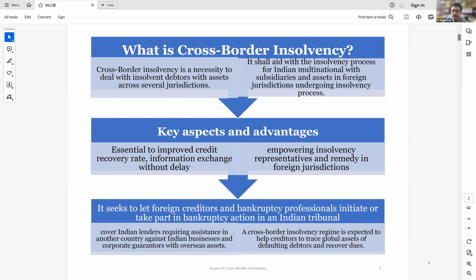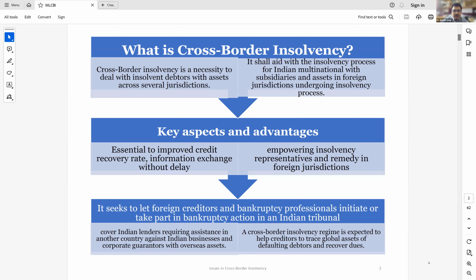But if that does not happen outside, so when the moratorium is imposed by NCLT and the RP or the IRP comes to note, perusing through the books of accounts, that there are certain assets abroad, then you will have to go to that foreign jurisdiction and apply to the foreign court to recognize and enforce that moratorium. Apart from that, the RP or the IRP may also require some other assistance from the court.